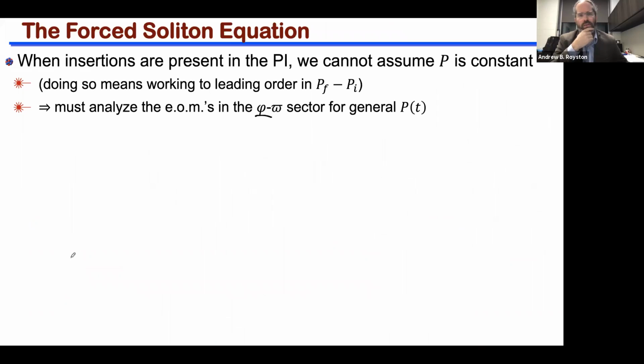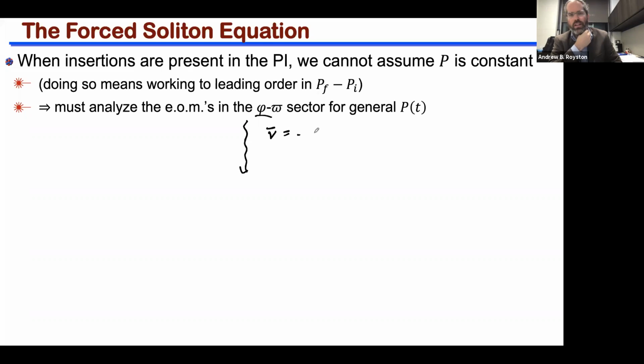Okay, so what we need to do though is this, because we can't assume that P is constant in our case for the form factor computation that we want to do. So there's no real tricks here.